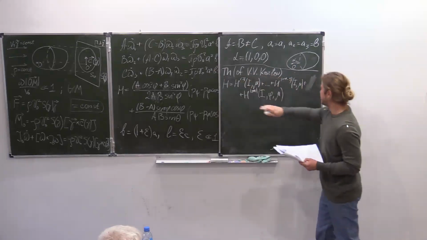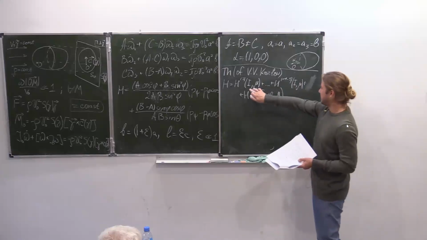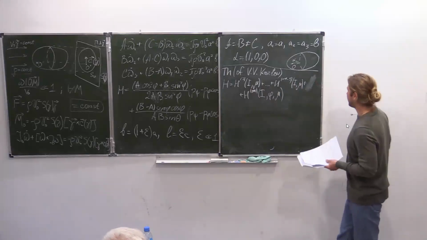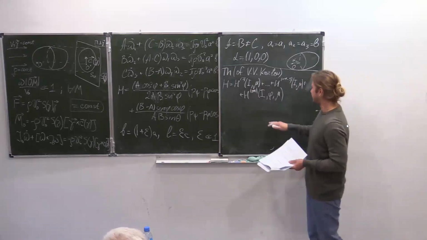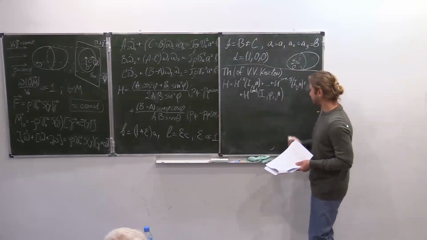The first m-1 forms depend only on the canonical variables I and the parameter mu, and the subsequent form depends on the variables I, phi, and the parameter mu.